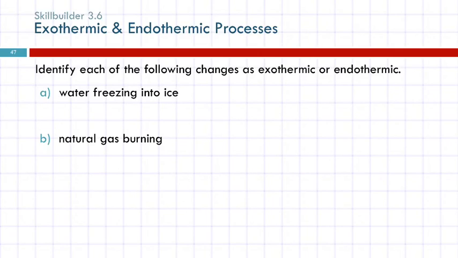So freezing is exothermic. That's a tricky one. So in the state changes, when you're trying to figure out exothermic, endothermic, sometimes it's easier to think of the opposite. It's easier to think about ice melting than about water freezing and what happens with that.